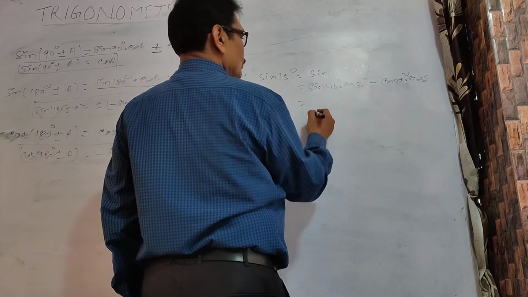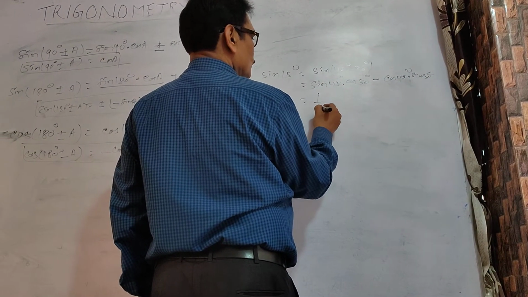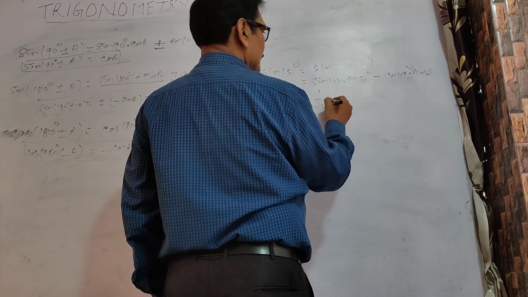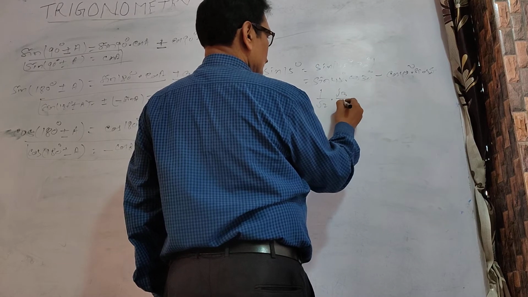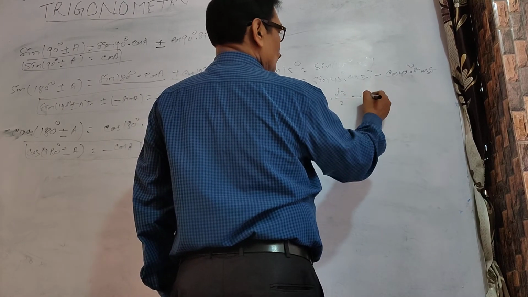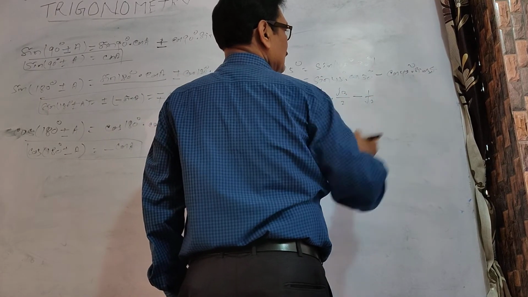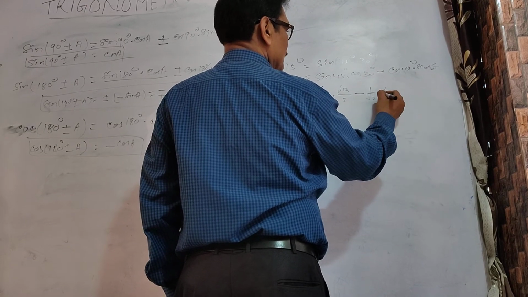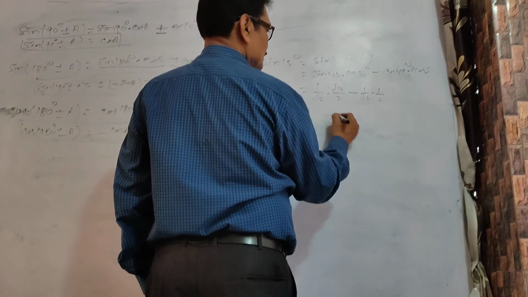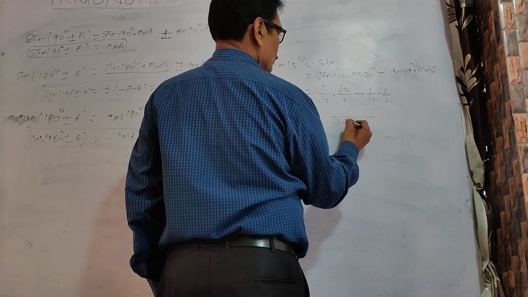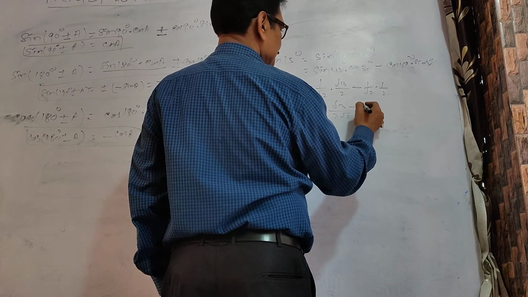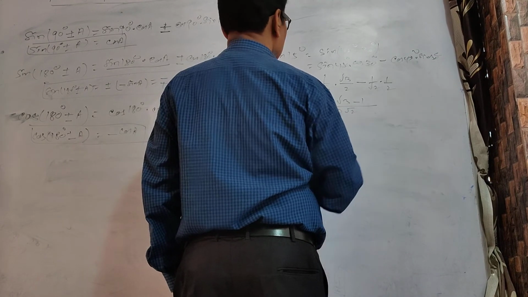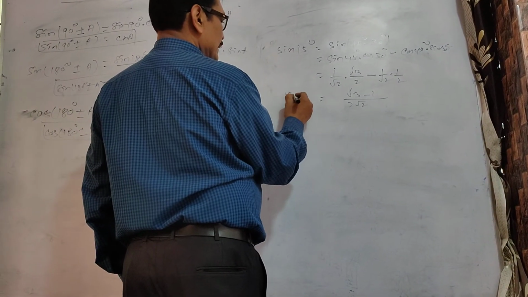So sin 45 degree is 1 by root 2, cos 30 degree is equal to root 3 by 2, minus 1 by root 2, and sin 30 degree is equal to 1 by 2. So this becomes, with LCM 2 root 2, root 3 minus 1. So sin 15 degree is obtained.